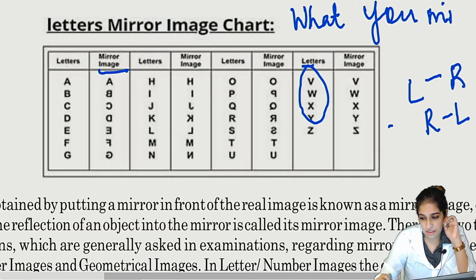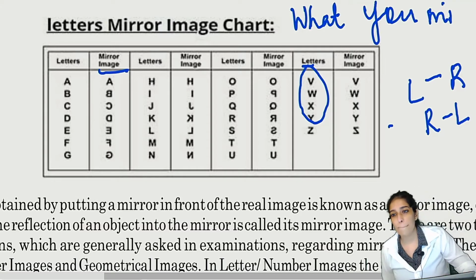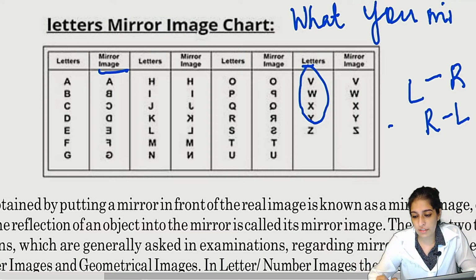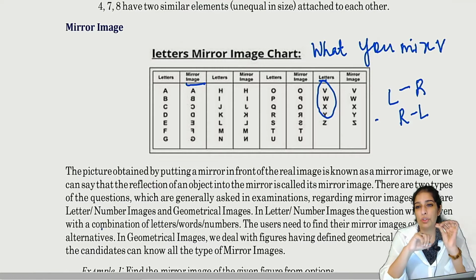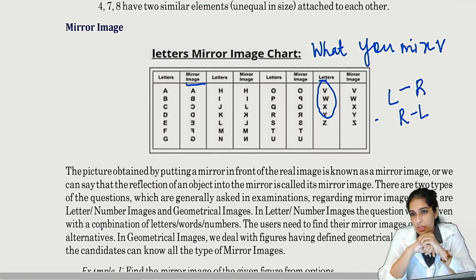So we've made a short code: what you mix will give you MIX. And V. These are alphabets which do not change, rest all alphabets change.